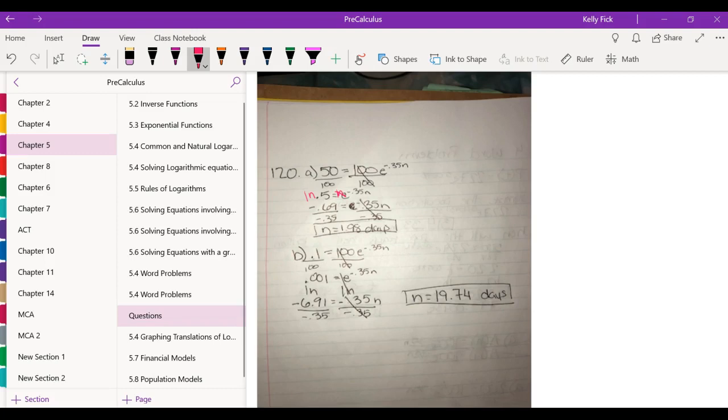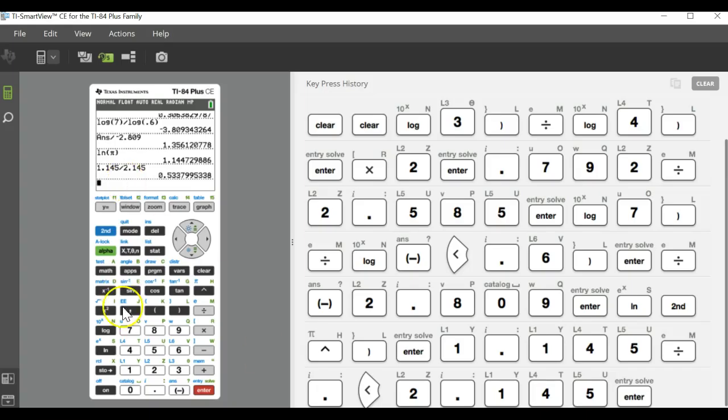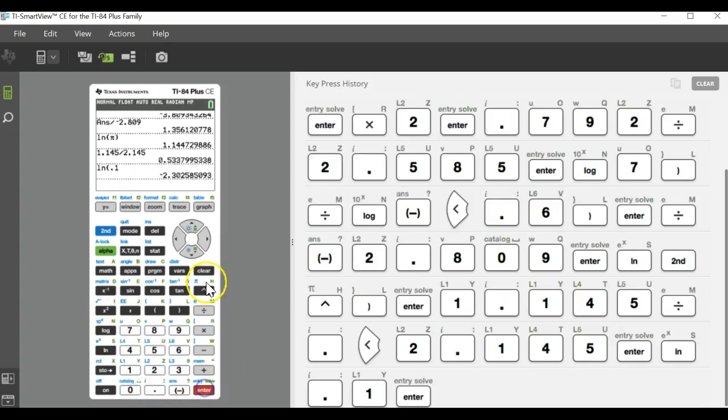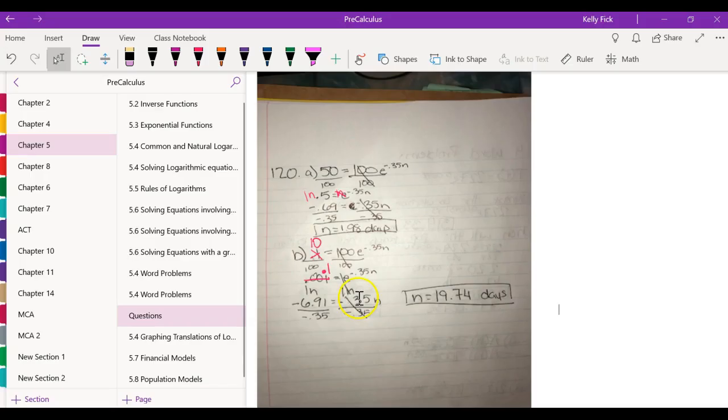B is the one I really want to talk about. This talks about being 10%, which means instead of 0.1 going in here, it should have been a 10, because it's 10% of 100. Then you would divide by 100. This number is 0.1. You would natural log each side. The natural log of 0.1 is negative 2.302.